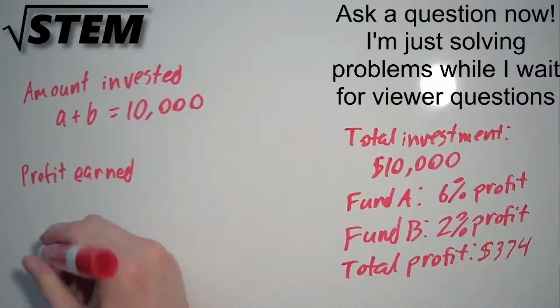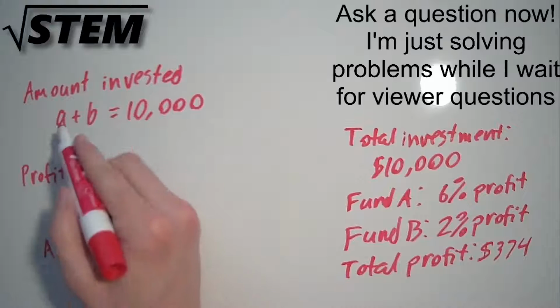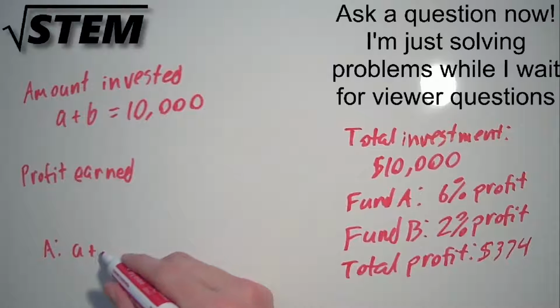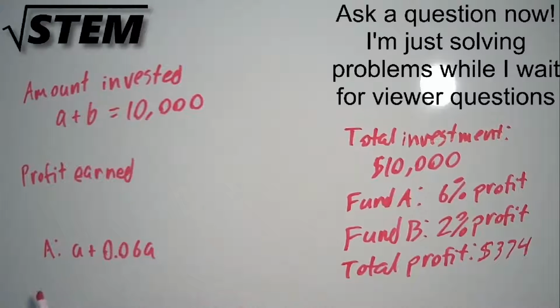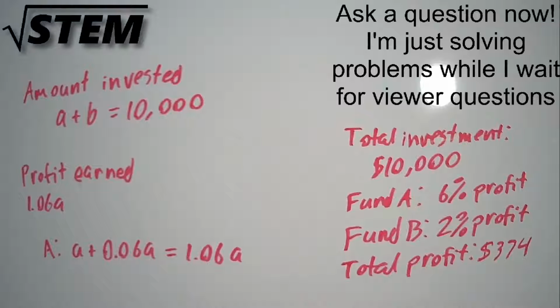So in A, we ended up with the small letter A, the amount we invested in it, plus 6% of A, or 0.06 times A. And if we combine those, it's going to be 1.06 times A. So 1.06A is the amount of profit that we earned off of our investment in Fund A.